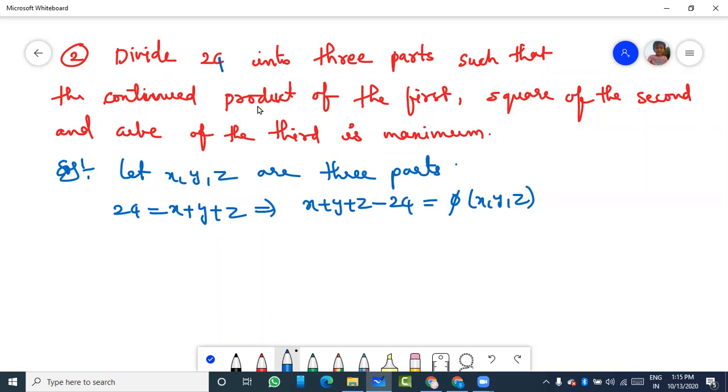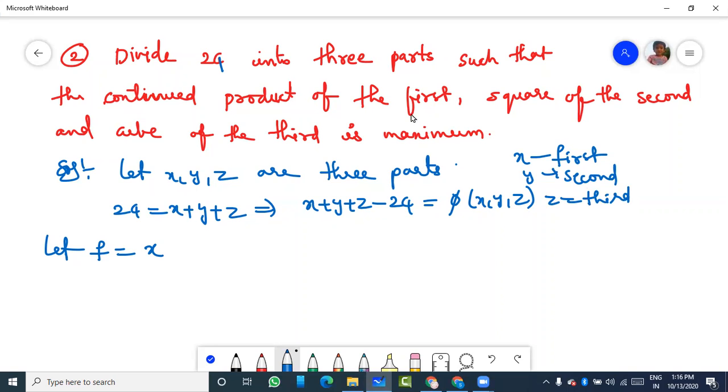Next, the continued product of the first, square of the second, and cube of the third is maximum. Why we are taking this as f and that as pi: we can find the product of the first, square of the second, and cube of the third as maximum. Let f equal to, let the first be x, suppose y is the second, and z is the third.